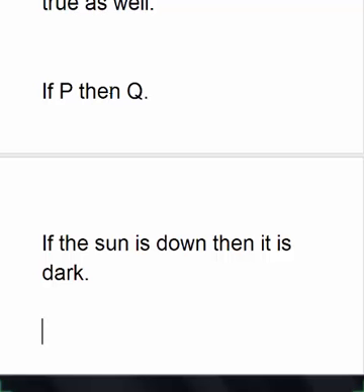What we're saying is exactly what is there. That if the sun is down, or if it is true that the sun is down, then it is also true that it is dark. That is, one thing is being said here in a conditional statement, and that is a certain connection between two statements or two propositions. Now, this is a notoriously difficult thing, the conditional, to sort of get straight.